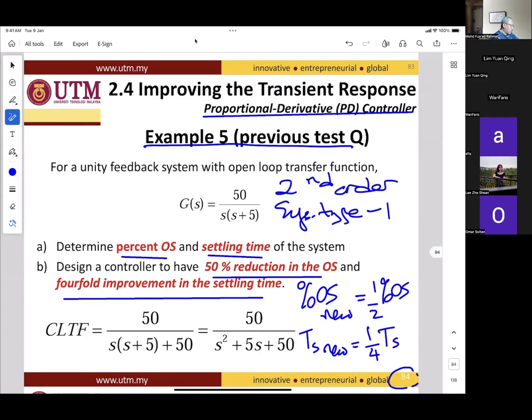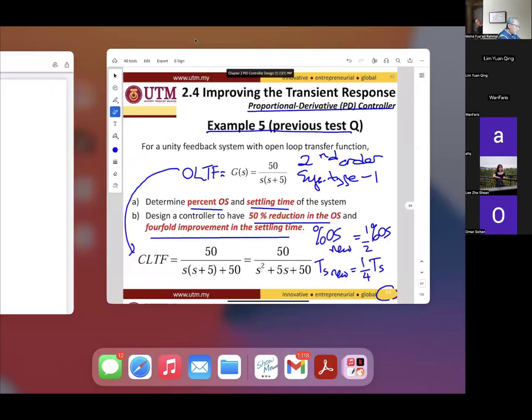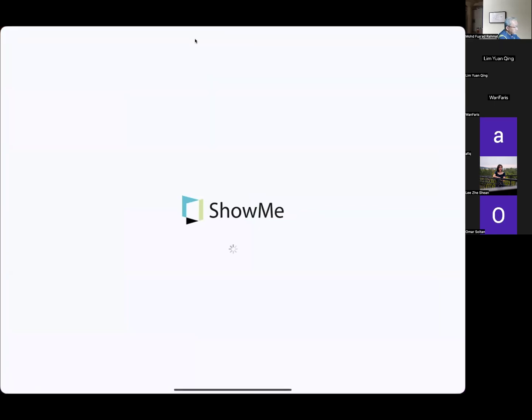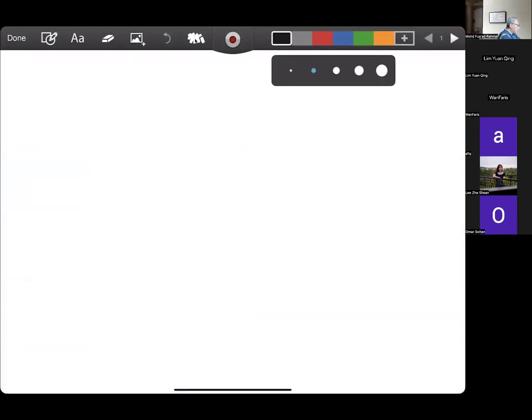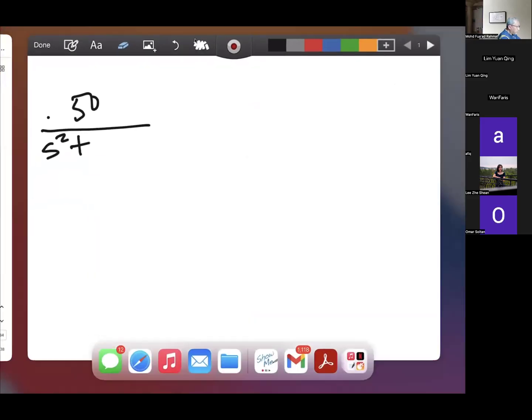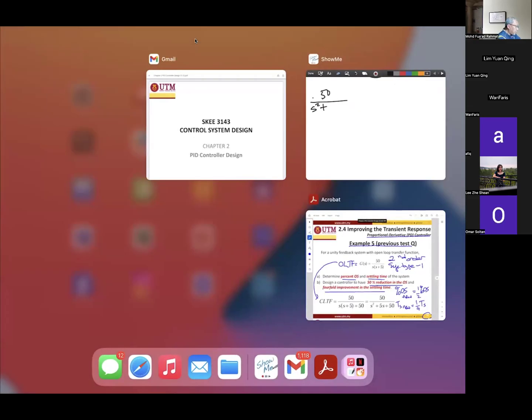Since this is the open loop transfer function, we derive the closed loop as usual, and we get 50 over s squared plus 5s plus 50.